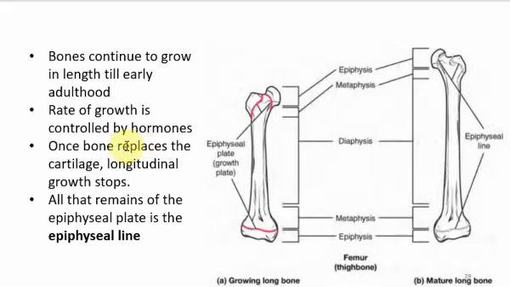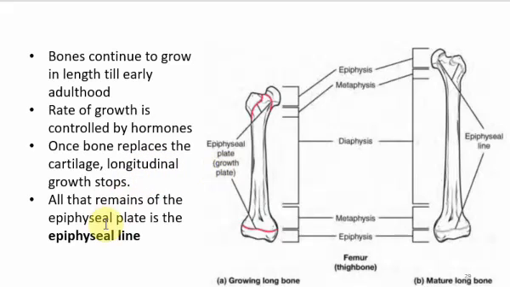Okay. During bone formation, generally, cartilage is replaced by bone tissue. Now, the moment the entire cartilage is replaced by bone, then longitudinal growth will stop.